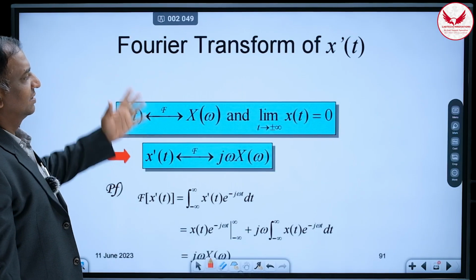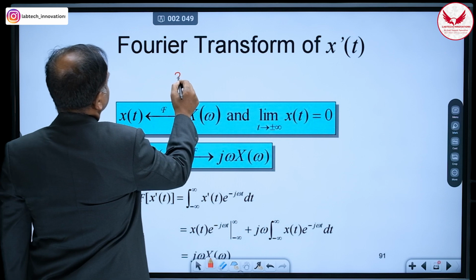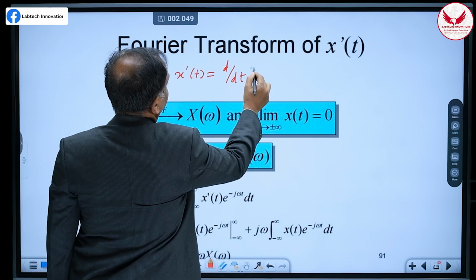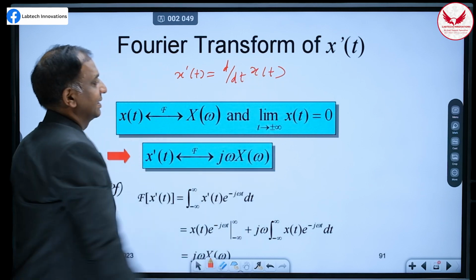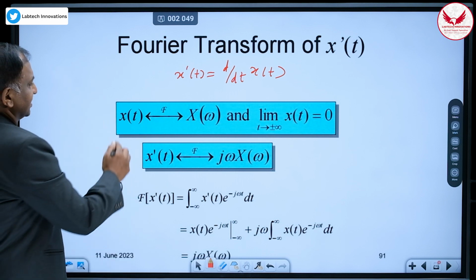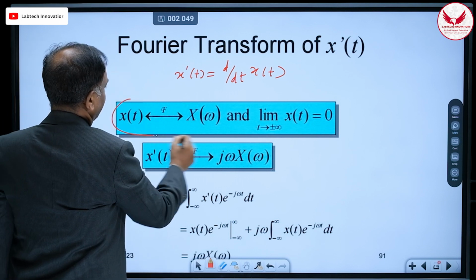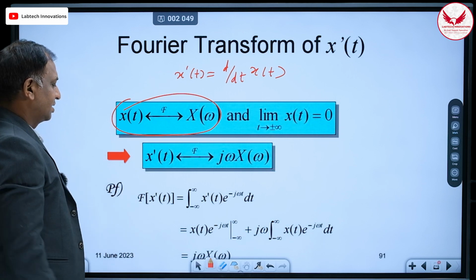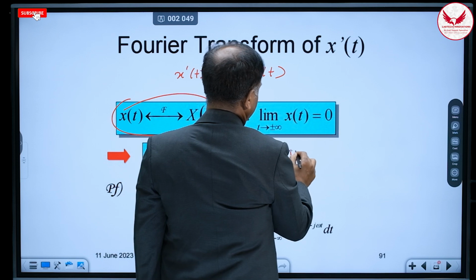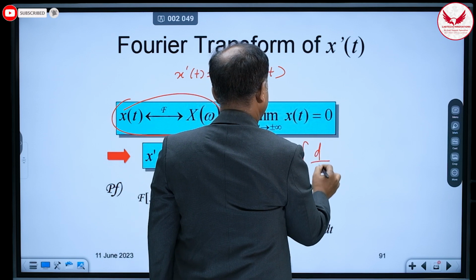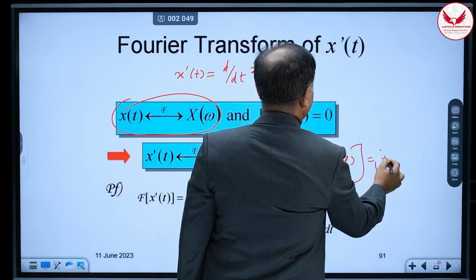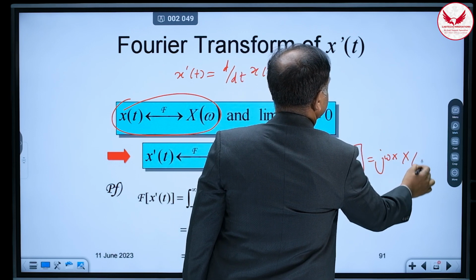Okay, the Fourier transform of the derivative of the signal. Here x dash of t is equal to d by dt of x of t, that is the first order derivative. If the Fourier transform of the signal x of t is x of j omega, then the Fourier transform of the derivative d by dt of x of t is equal to j omega into x of j omega.